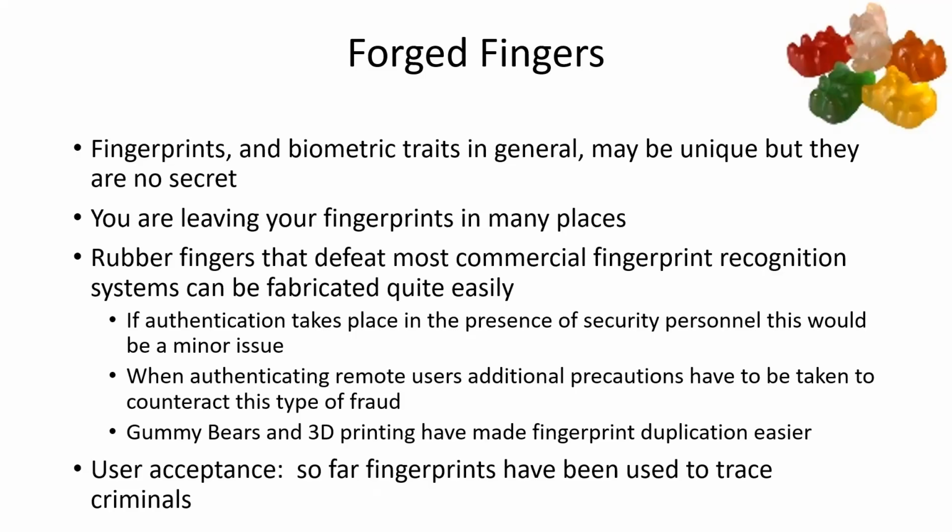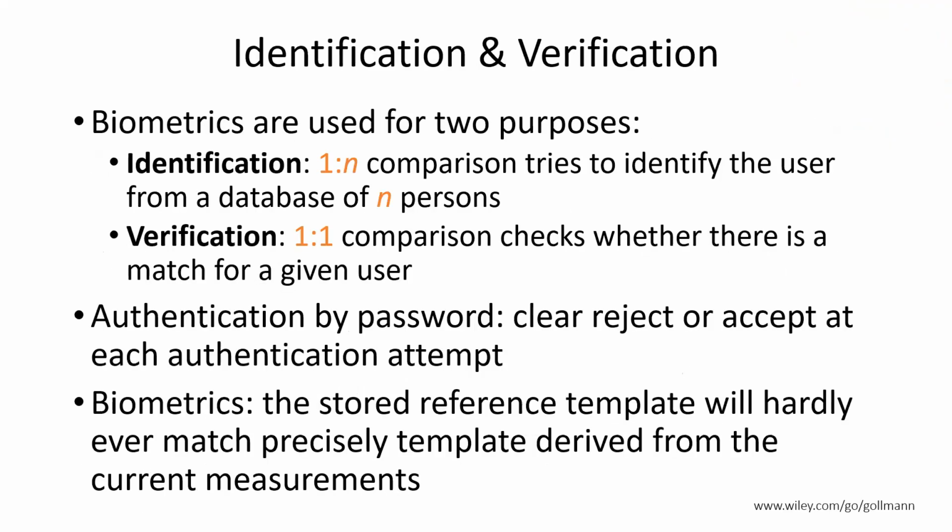Now, typically in the past, the FBI has used fingerprints for decades to identify people. Is this a criminal? It's a different system to find who you are. I have your fingerprints and I want to know who you are, as opposed to you saying you're Ken Williams, put your fingerprint here and let me verify that. Verification is one-to-one. Am I who I said I was?